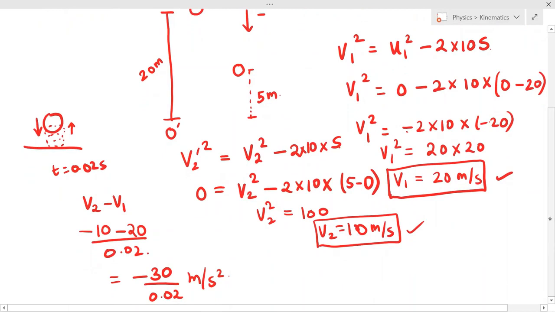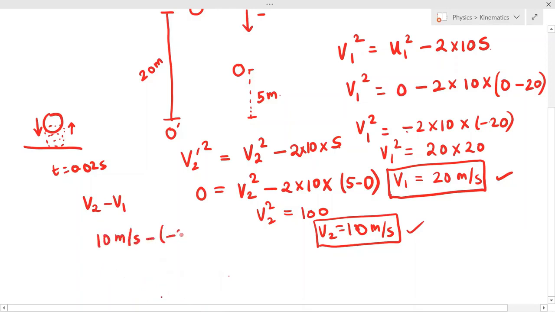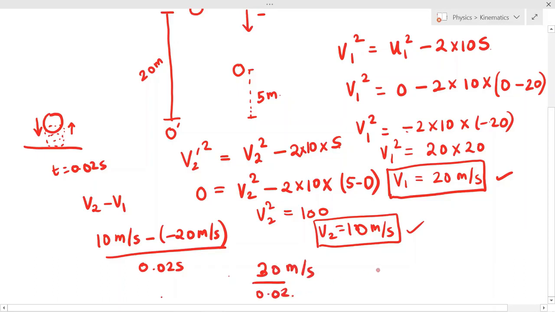The final velocity is v2, which is not minus 10, it is indeed plus 10, and v1 is minus 20. So minus of minus, let me correct it over here. The final velocity is 10 meters per second. The initial velocity is minus 20 meters per second, divided by 0.02 seconds. So this is 10 plus 20, which is 30 meters per second, divided by 0.02 seconds.